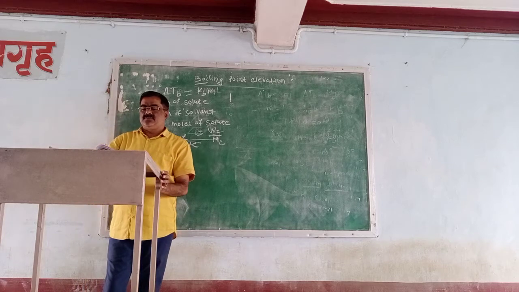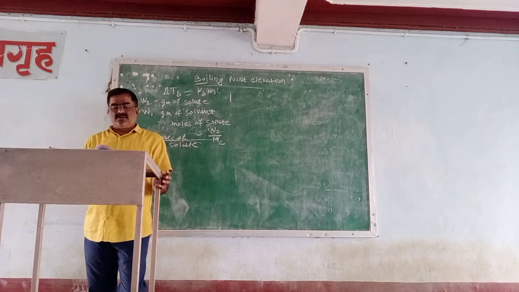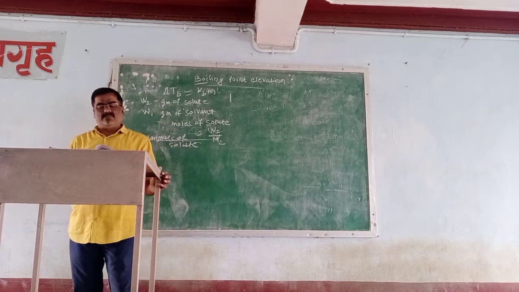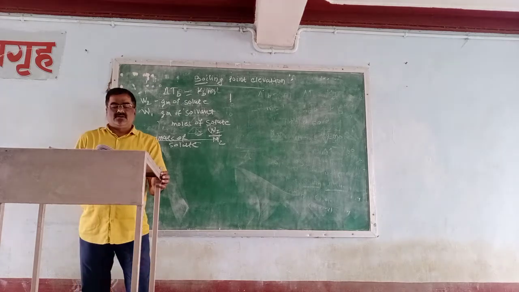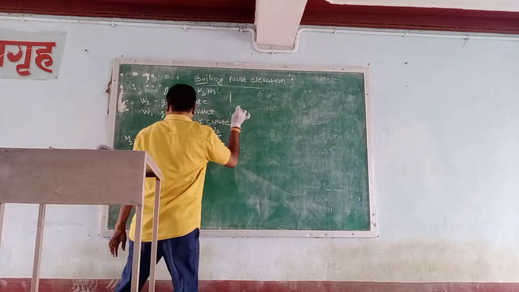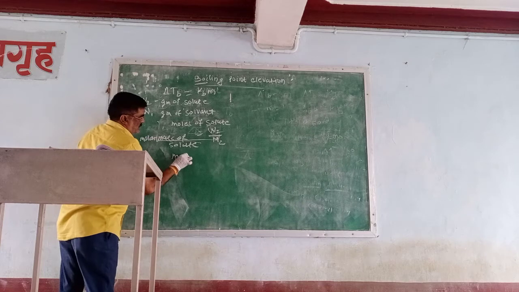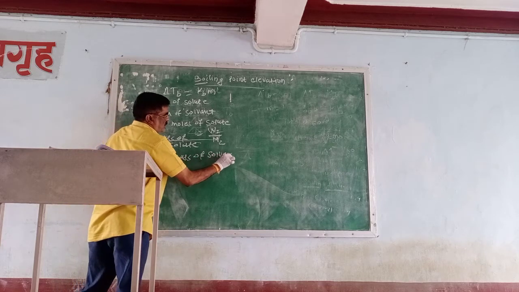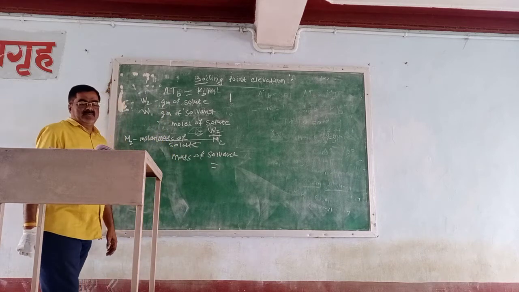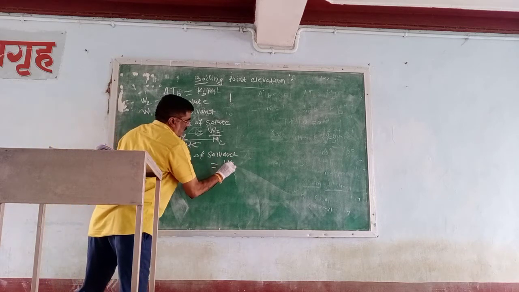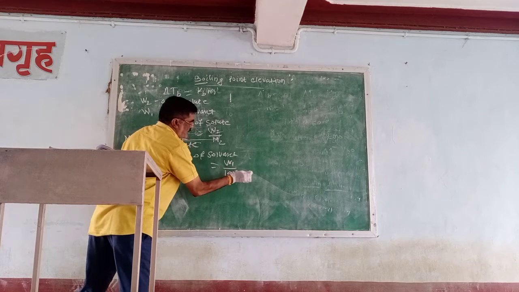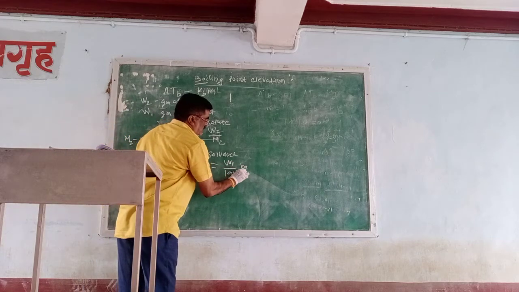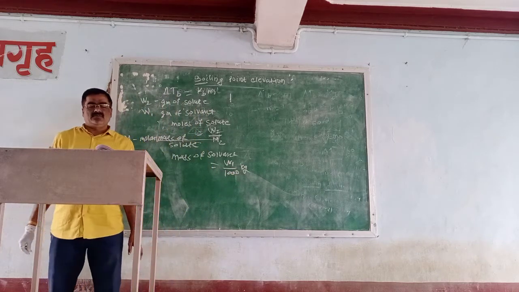The mass of solvent W1 in grams is W1 upon 1000 kg.